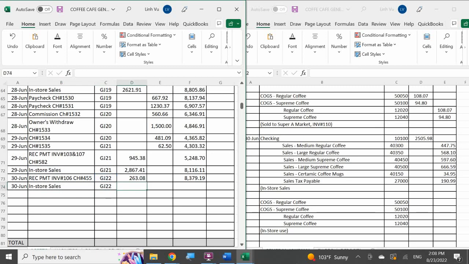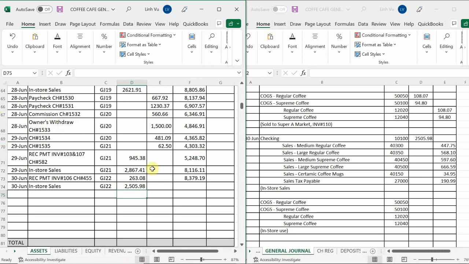And it's in-store sale, 2505.98. And then grand total is $10,885.17.